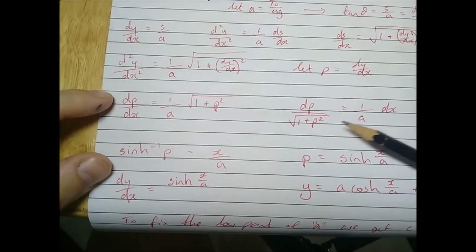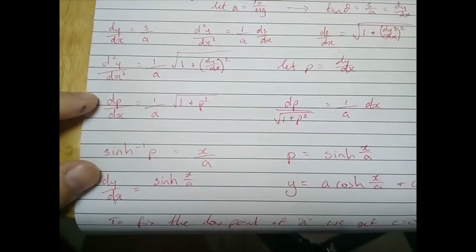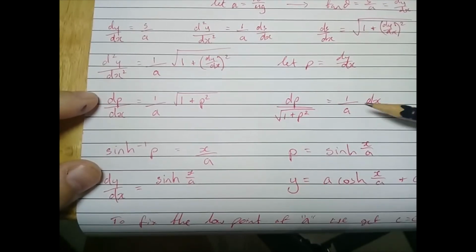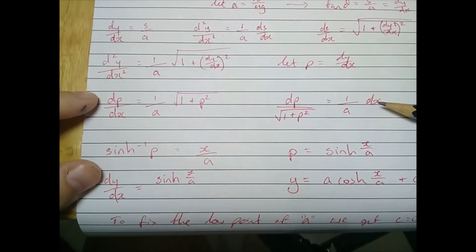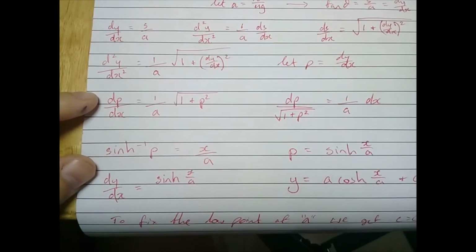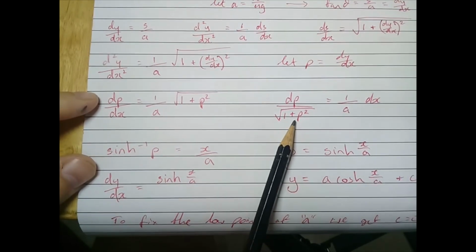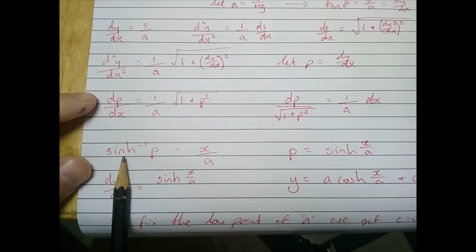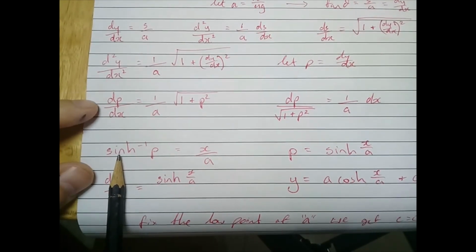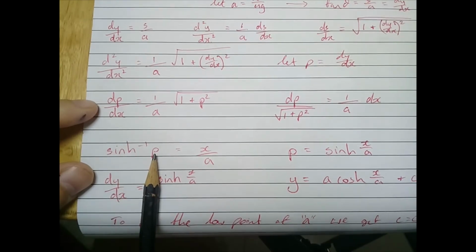Now if I integrate both sides of this, the right side's easy. That's just going to become x over a, if I integrate it with respect to x. And then I integrate the other side with respect to p. Now that function is not so simple, and I had to look it up. But you actually end up with arc sinh p.